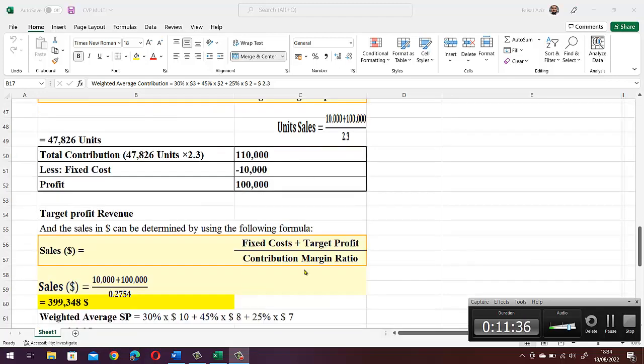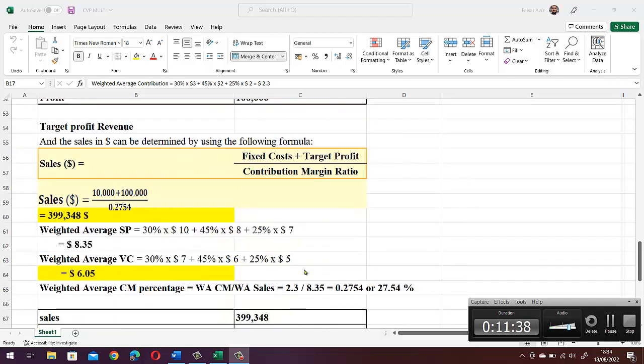When it comes to calculating target profit revenue, the formula is fixed cost plus target profit divided by the contribution margin ratio. Again, in the numerator we know the fixed cost and we know the target profit, but for contribution we need to subtract selling price minus variable cost.